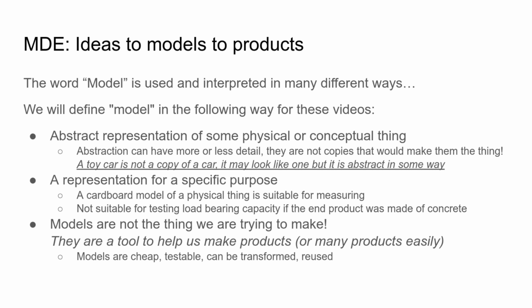This will be suitable for measuring and handling. However, it would not necessarily be suitable for testing a load-bearing capacity, particularly if the end product was actually going to be made from concrete, a very different material with very different properties. And thus, the representation of the thing that we intended to make with cardboard is only suitable for certain tests.